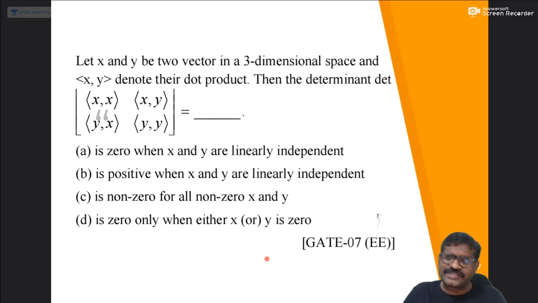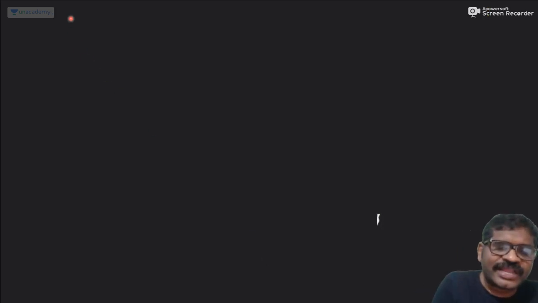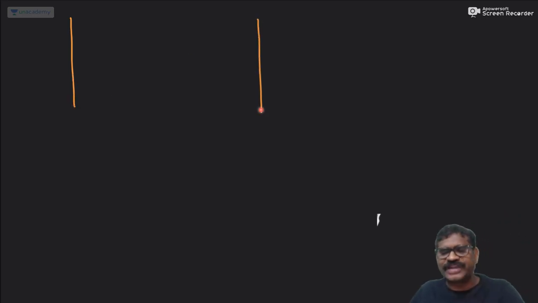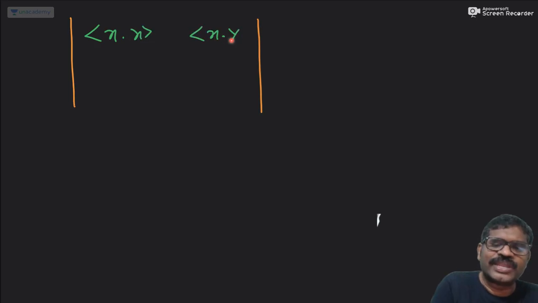Concentrate. Excellent problem. Most of the students get confused. They have provided a determinant. Whether this determinant is 0 or non-zero, we have to find out. X dot x, x dot y; y dot x, y dot y.